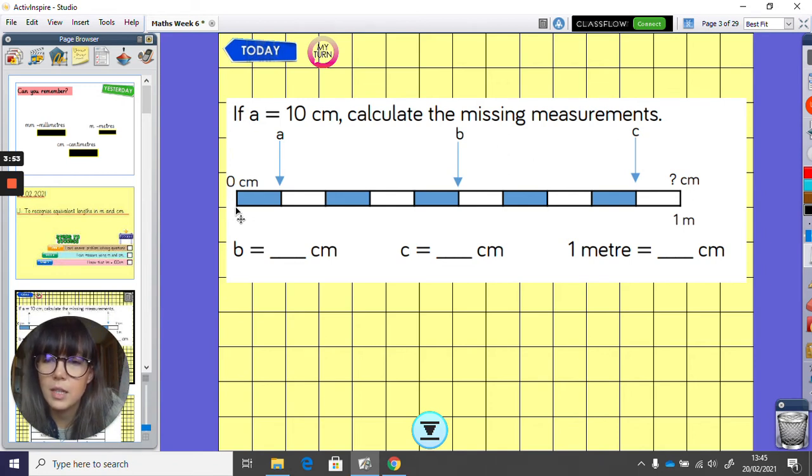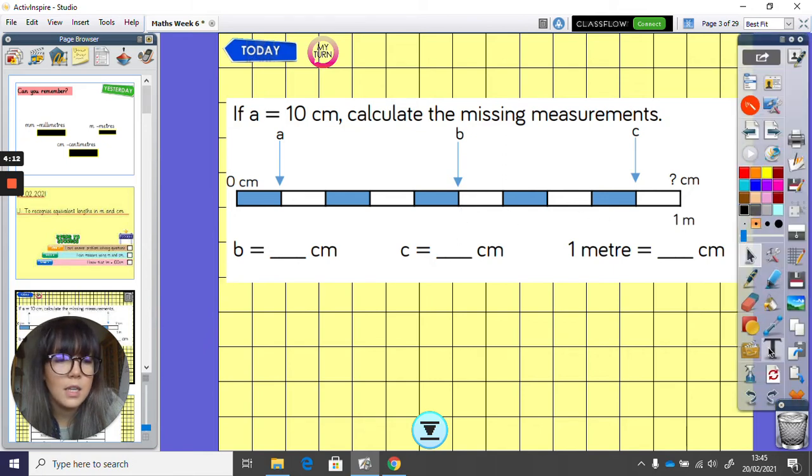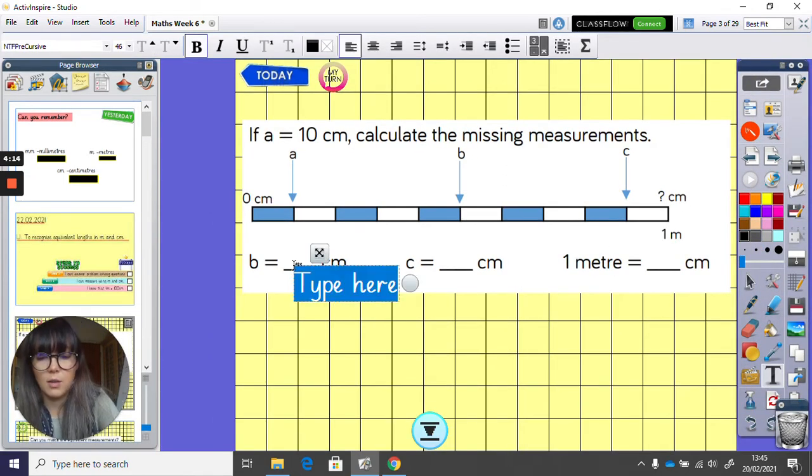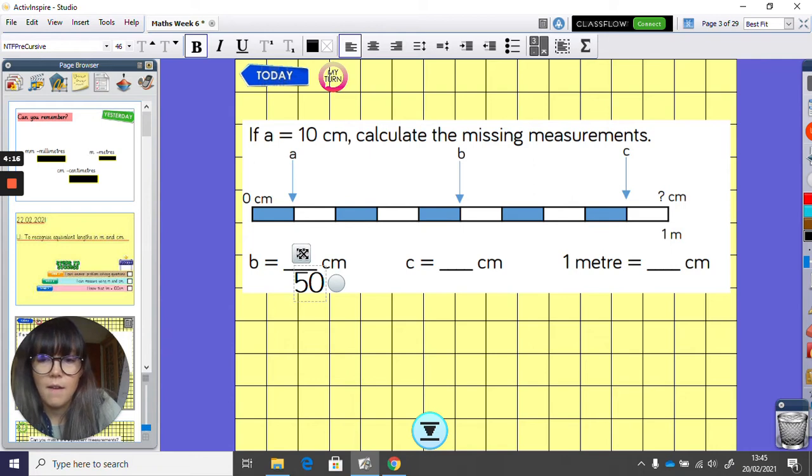So let's count up together. 10 centimetres, 20 centimetres, 30 centimetres, 40 centimetres, and 50 centimetres. So B is equal to 50 centimetres. Let's quickly write that so we don't forget. 50 centimetres.